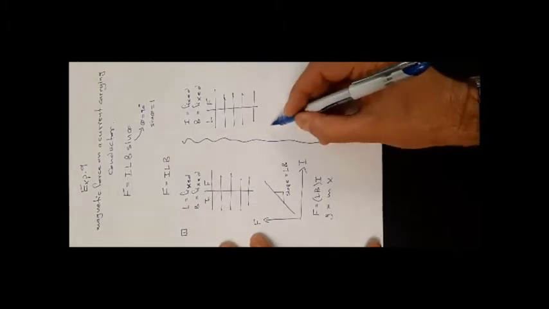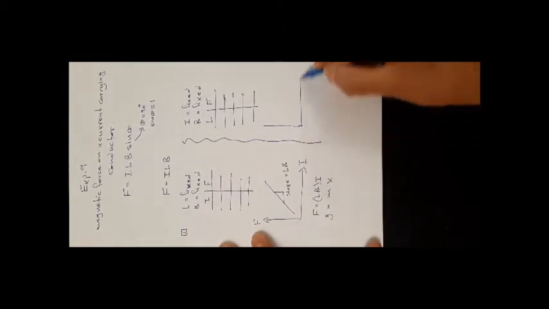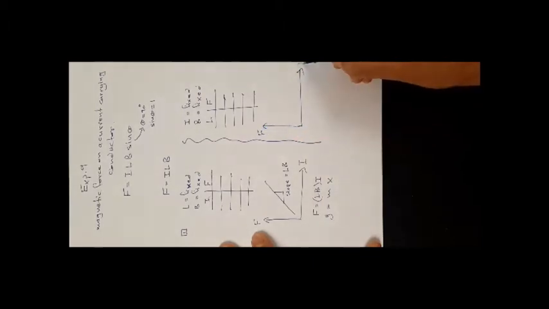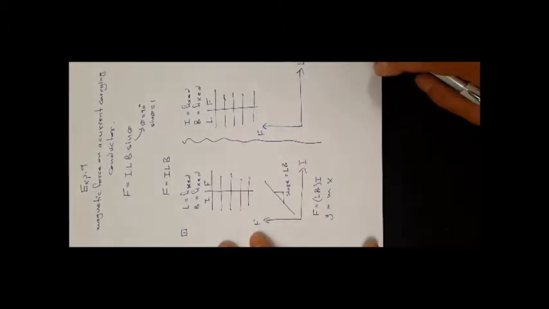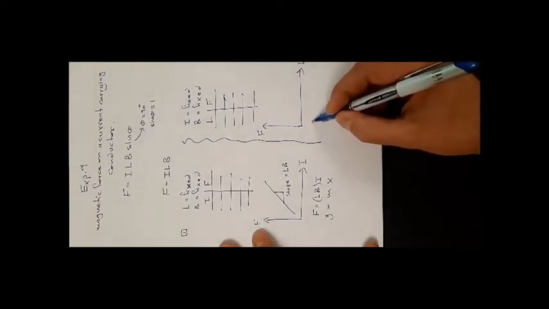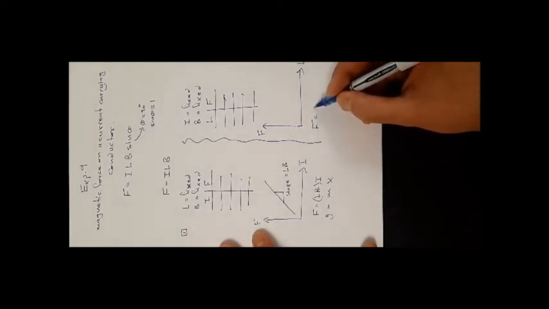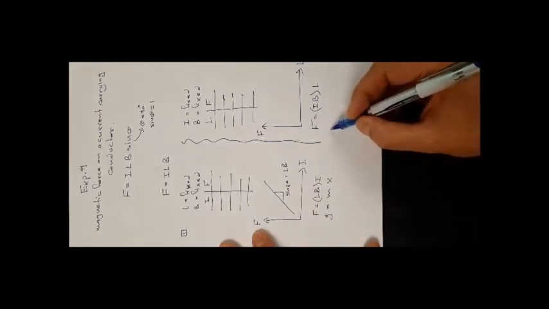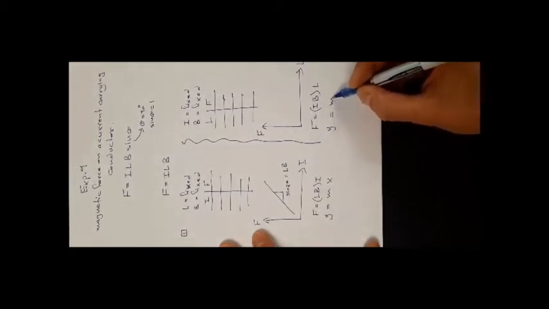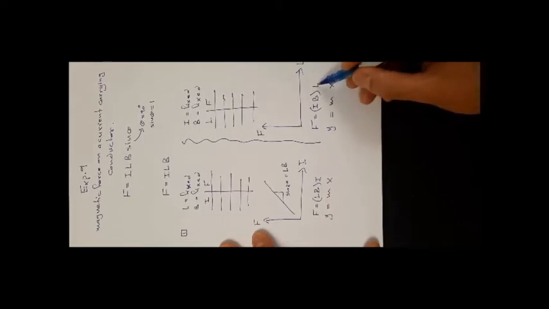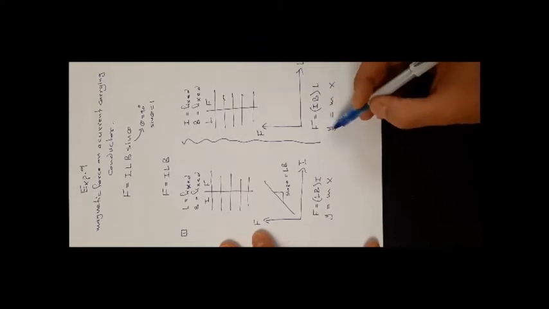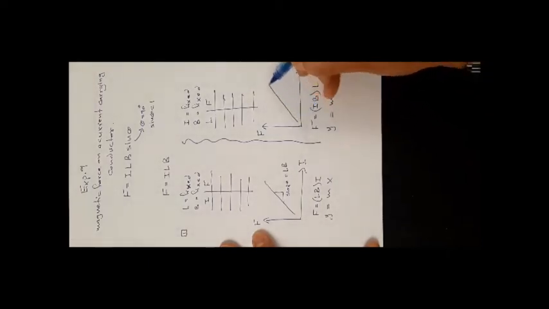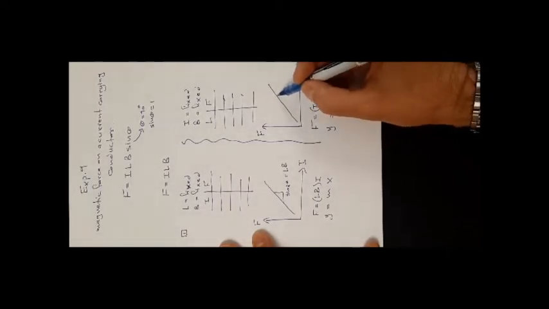And we'll make another graph, with the force on the y-axis and the length of the wire on the x-axis. According to this formula, F equals IBL. This is again a straight line. When I use L as the x coordinate and F as the y coordinate, I will get a straight line with a slope that equals IB.